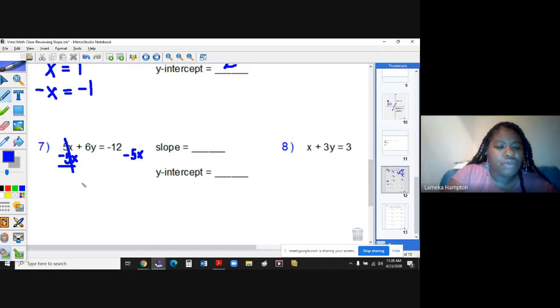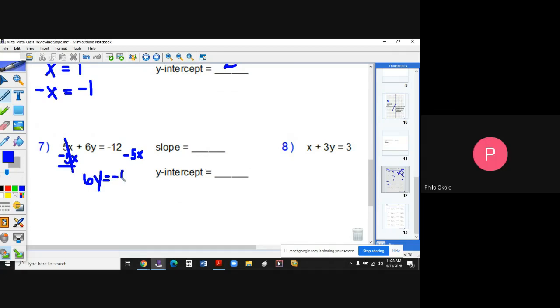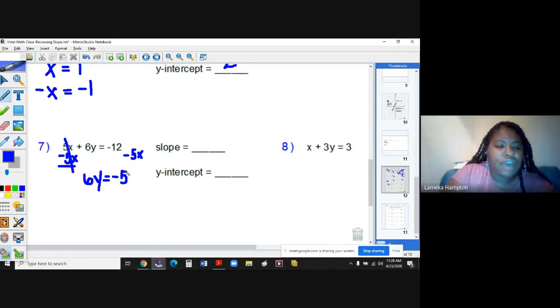So I'm going to be left with what? 6y is equal to -5x minus 12. Very good, Ms. Philomena.